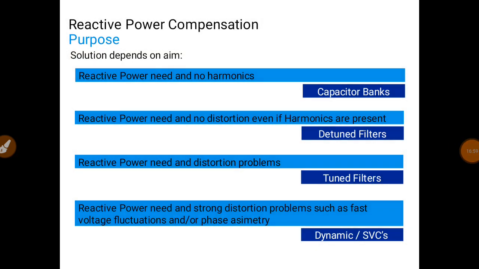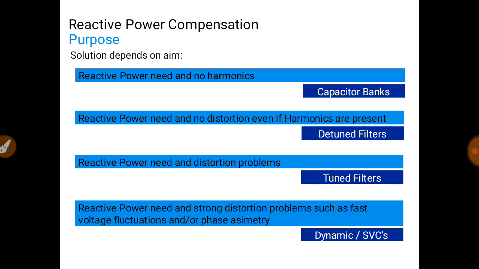Reactive power compensation is defined as follows. When only reactive power is needed and no harmonics are present, a capacitor bank is used. When reactive power is needed, with no distortion in the waveform but even harmonics present, use a detuned filter.